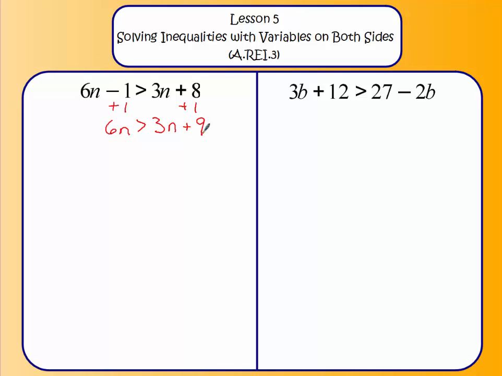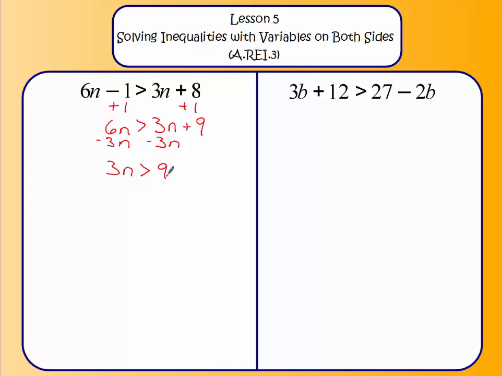The next thing I want to do is subtract 3n from both sides. And 6n minus 3n leaves me with 3n is greater than 9.